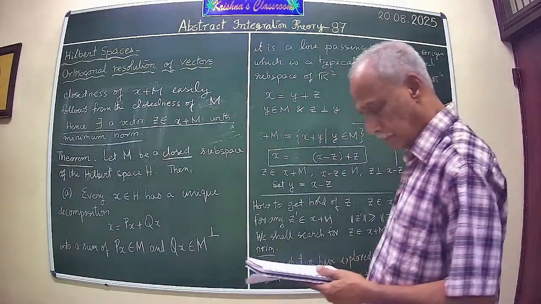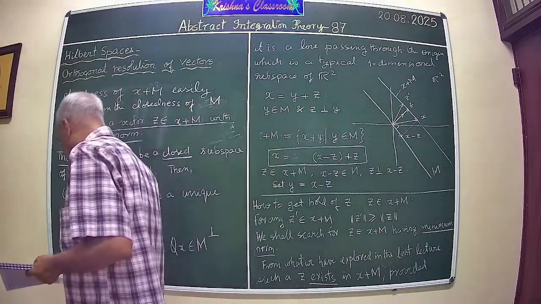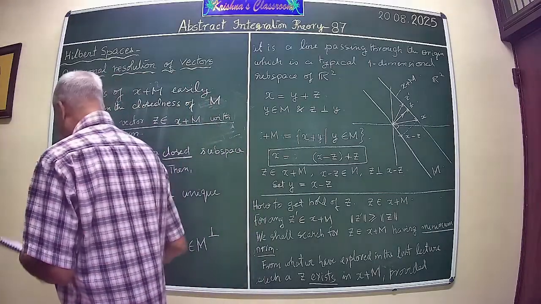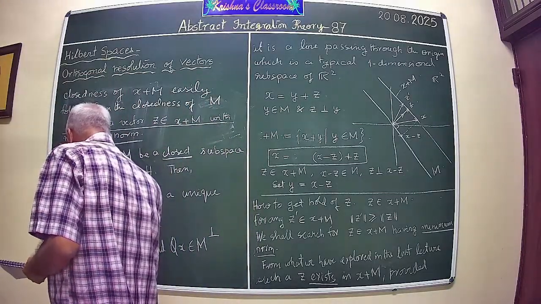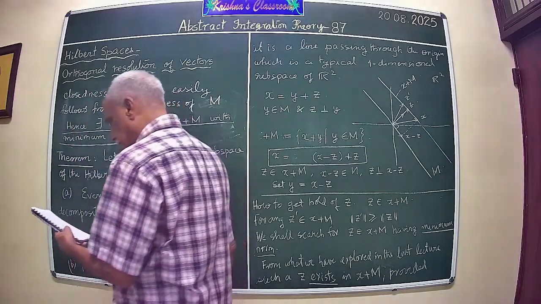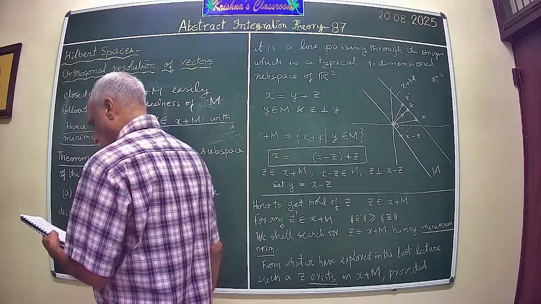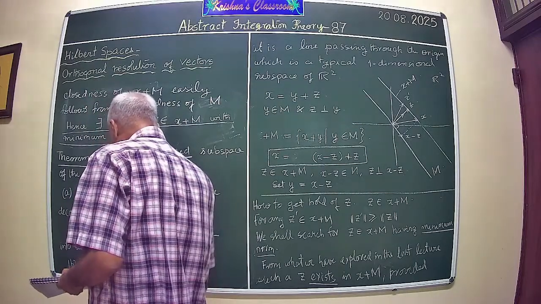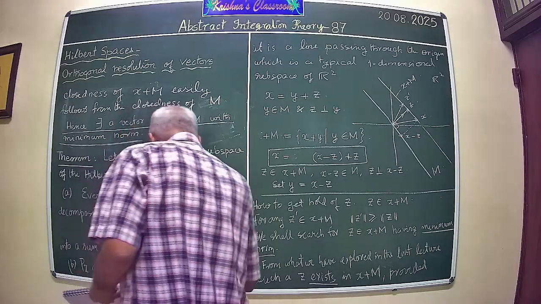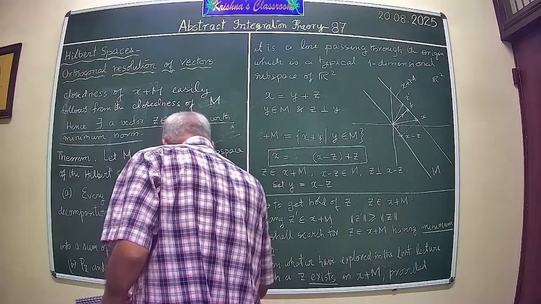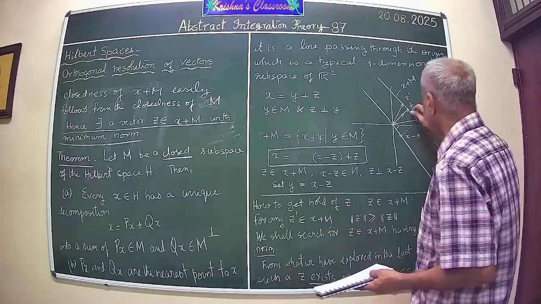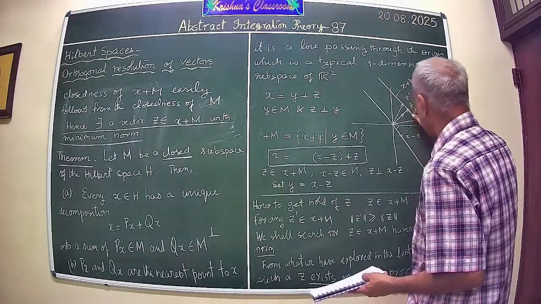That is one statement. The second statement is that Px is the nearest point to x. This means that Z is the nearest point.